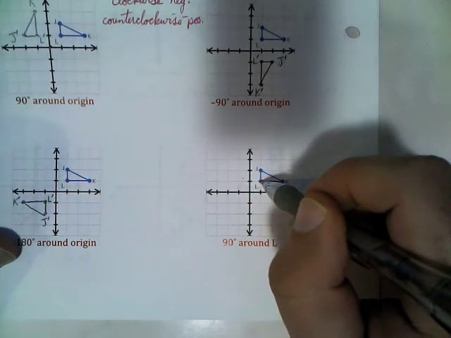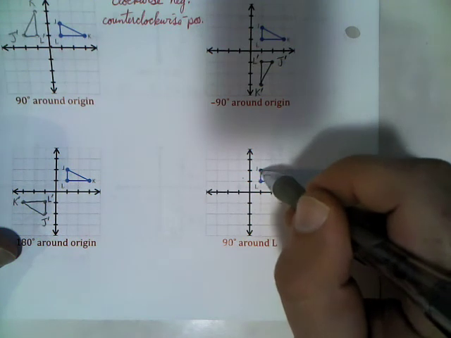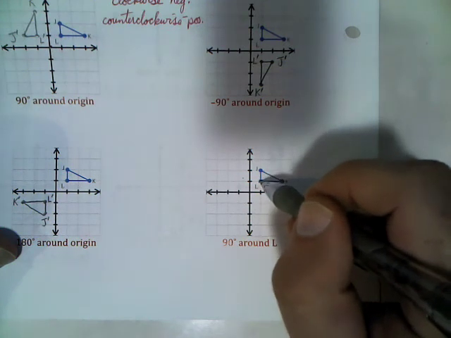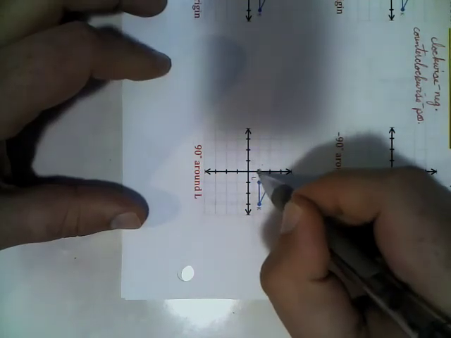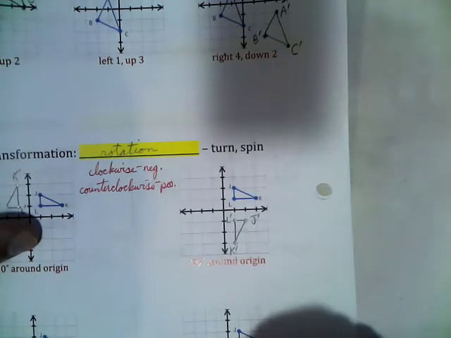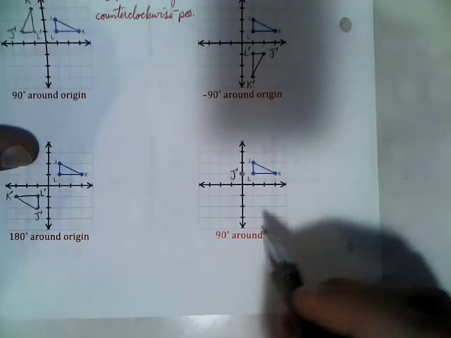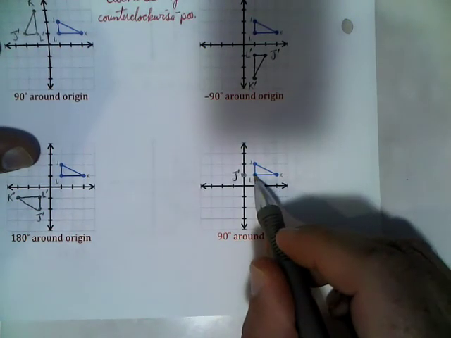To find J though, I'm going from L 1 unit up. So when I rotate it, if I go 1 unit up, that's going to be my J prime. Now, remember we're going around L. So from L to get to K, we have to go 2 to the right.